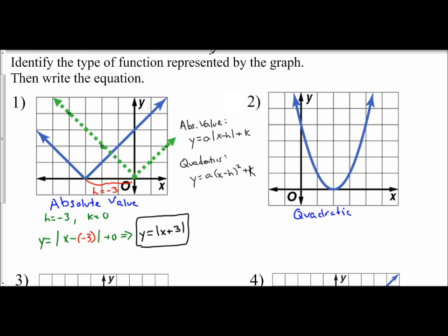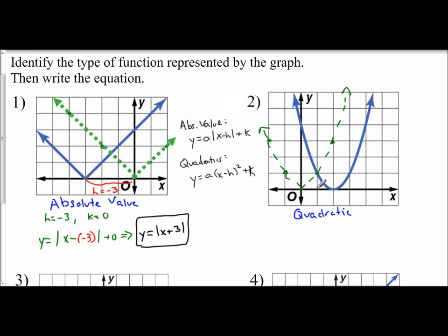Let's try and do the same thing over here. We're going to sketch the original of our quadratics. So 0, 0, 1, 1, 2 squared is 4. Negative 1 squared is 1, negative 2 squared is 4. And we're going to use a curved dashed line to represent this function.